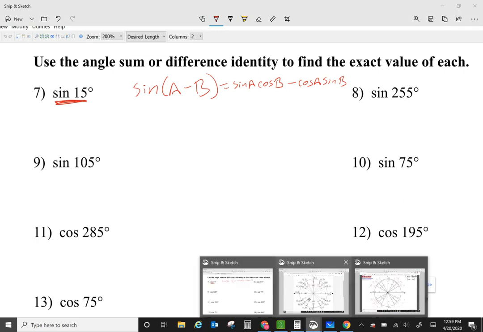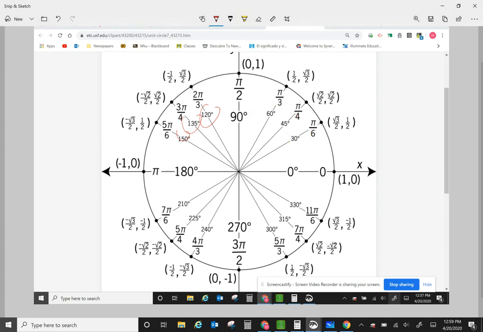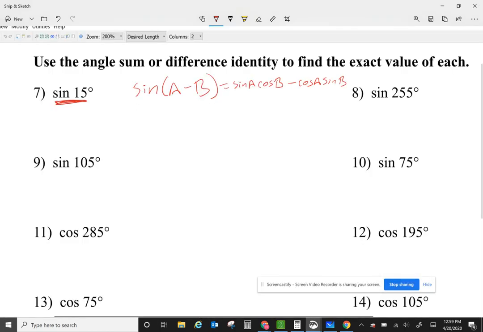So looking at my unit circle, I'm going to use 45 and 30. All right, 45 minus 30 is 15. So I'm looking at this as sine of 45 minus 30. So you guys see where I get my two measurements.